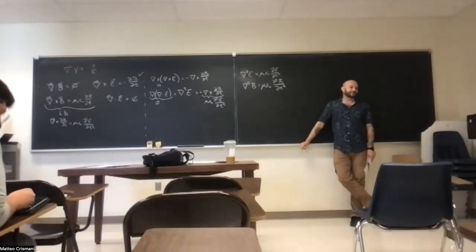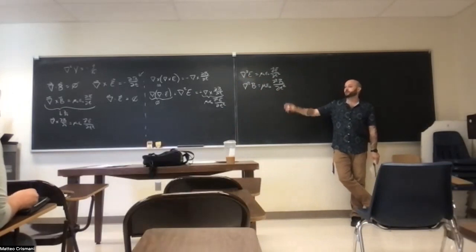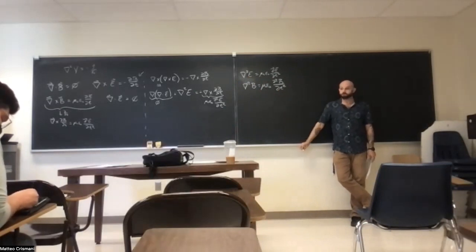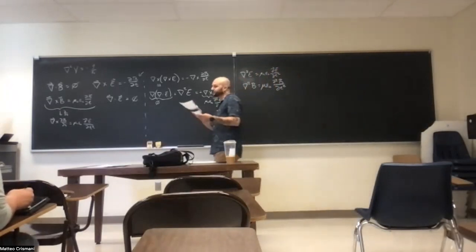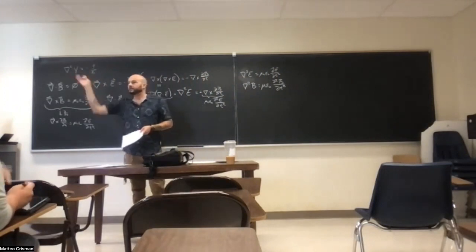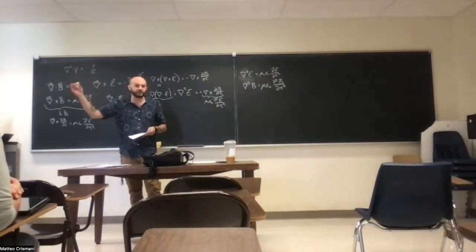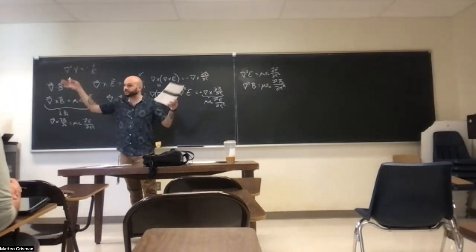Okay, so this is a second order partial differential equation, and they're coupled. One is coupled to the other because of our initial starting equations. So we said maybe it's possible for there to be electric field or magnetic field in this empty volume in space.